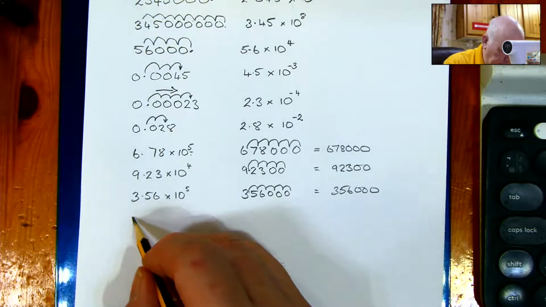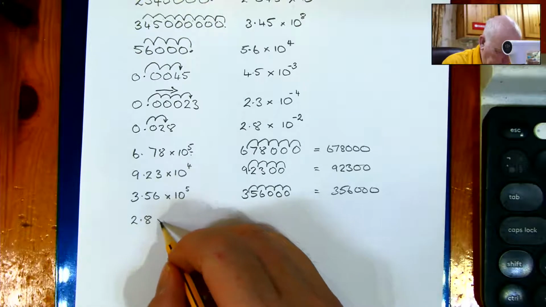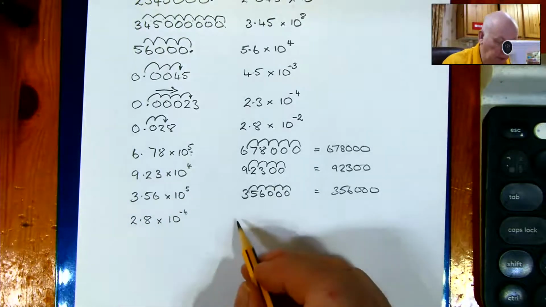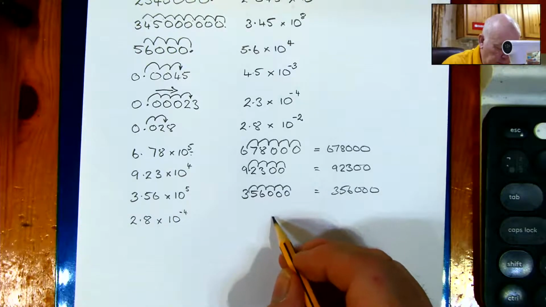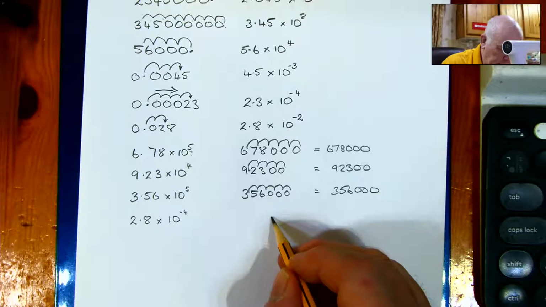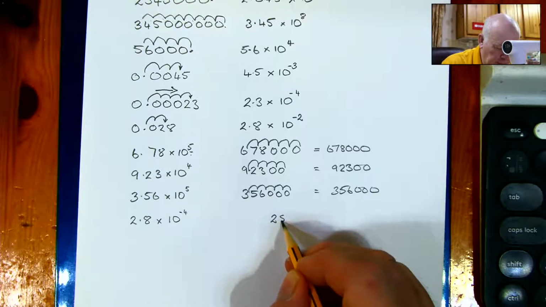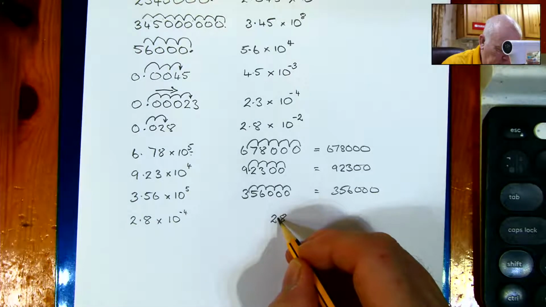Let's mix it up a bit. We'll have a simple number like 2.8, but this time we'll do 10 to the minus 4. Although it's a minus, we're going to do it in exactly the same way. But because I know what's going to happen, I'm giving myself a little bit more space. 2.8. And our decimal point starts at this point.